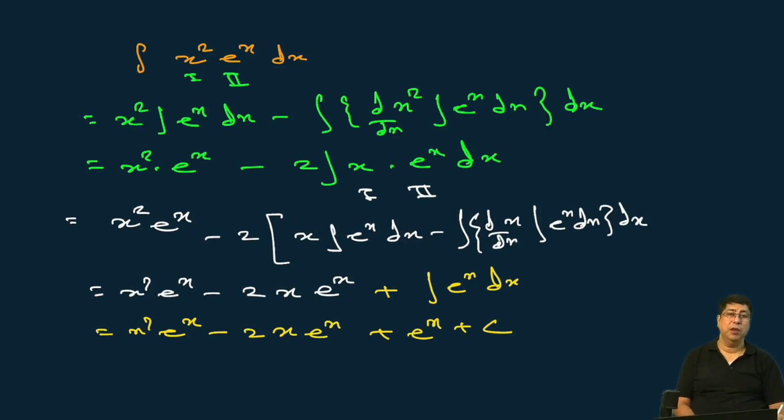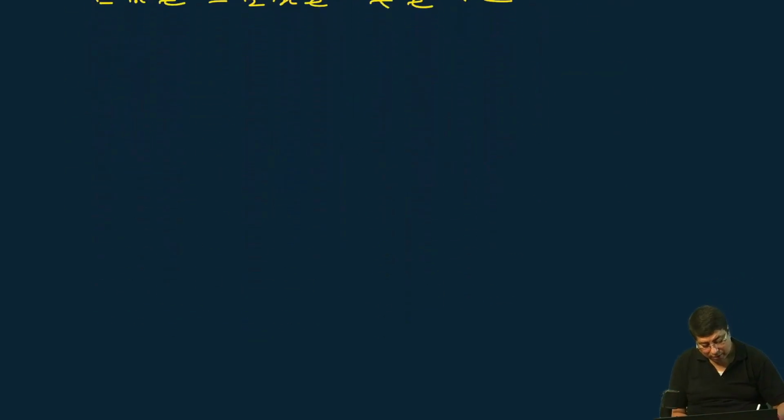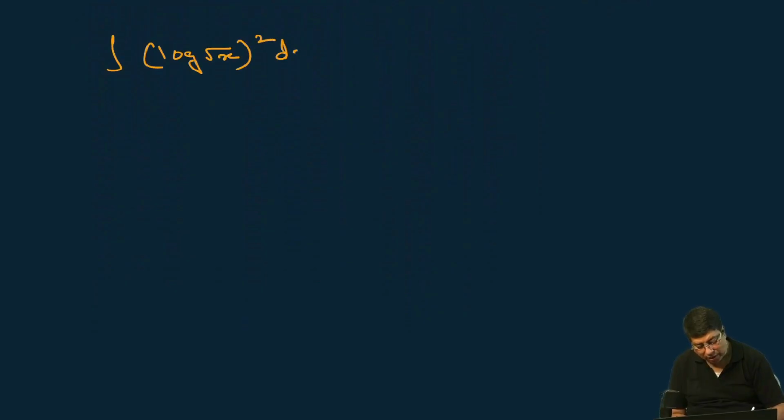One more example. Everyone remember, another example I am showing you: integration of log of root x whole square. Log means ln. In mathematics, log is used as well as ln is used. So what we'll do here?